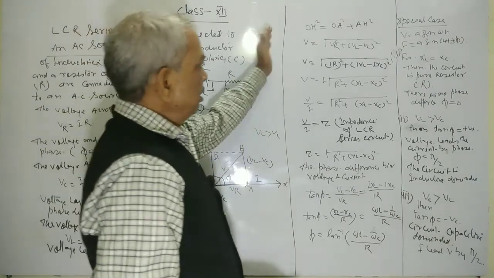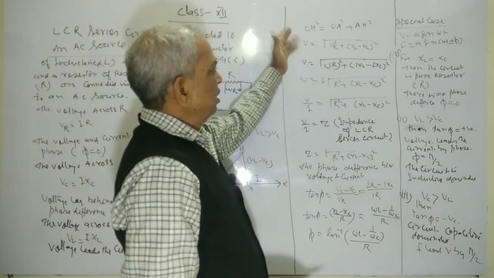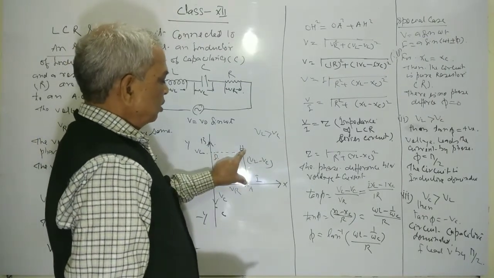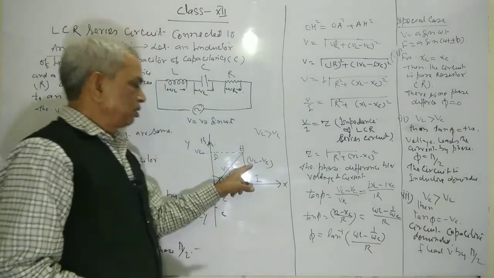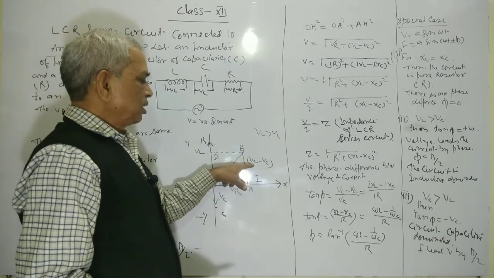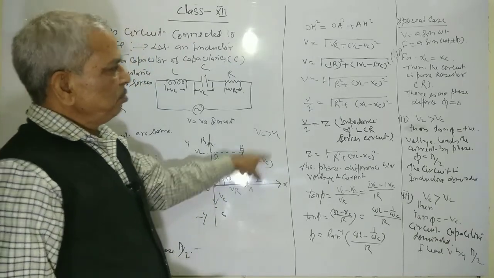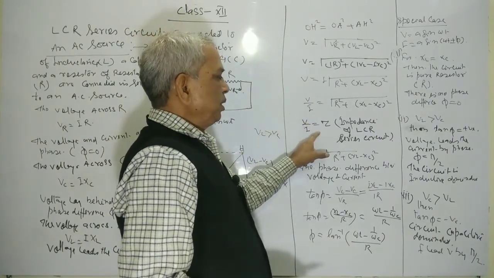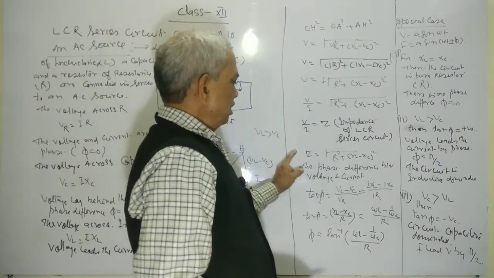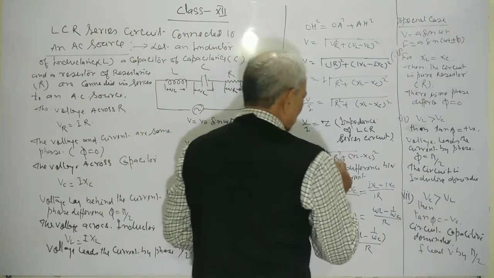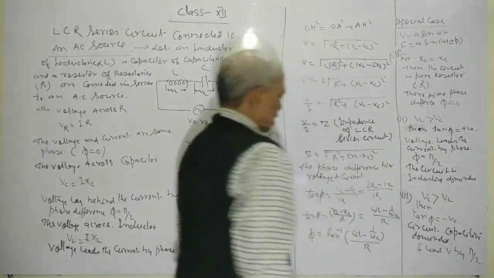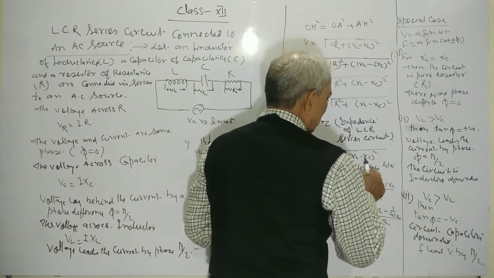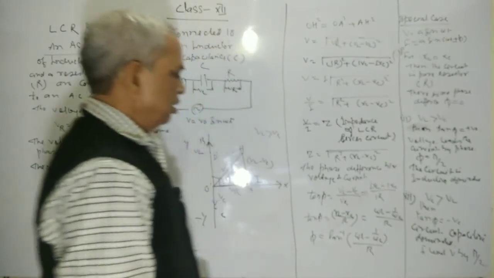If we find the resultant voltage, then it is the square root of the square of VR and the square of the difference of the voltage across inductor and capacitor. V upon I is the impedance of the LCR circuit. This Z is equal to the square root of R square plus XL minus XC whole square.